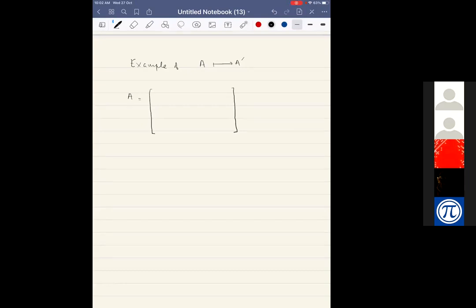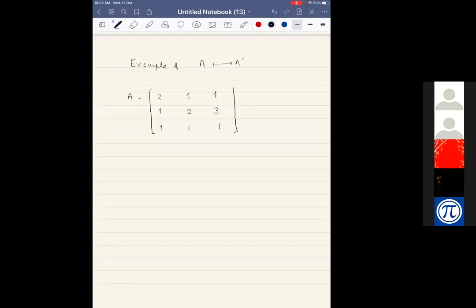Let me do 2, 1, 1; 1, 2, 3; 1, 1, 1. So this is actually a square matrix.